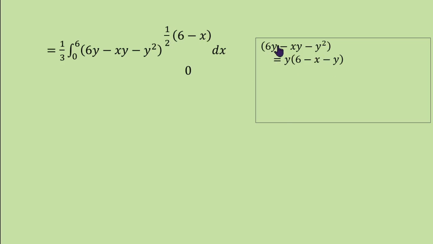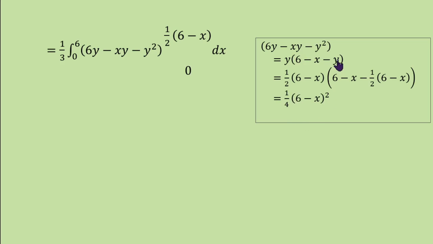So, take y common outside. 6 minus x minus y, where y is half of 6 minus x, gives 6 minus x minus half of 6 minus x, which is half of 6 minus x. Again, y is half of 6 minus x. Therefore, it becomes 1 by 4th of 6 minus x whole square.